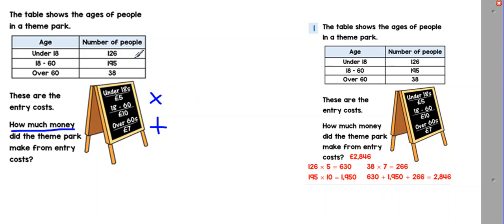Now you've worked out how much money each category's brought in, you need to work out the total. So you would do 630 add 1950 add 266, which would equal 2,846. Remember your units of measure, so you would put your pound sign there. So you've made £2,846. Well done if you got that correct.